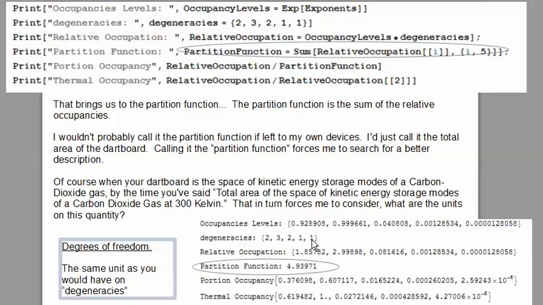And so the partition function would be measured as 4.93971 degrees of freedom after it's taken into account that only part of a degree of freedom is occupied here, only part of a degree of freedom there, only a part of the degree of freedom there, etc.